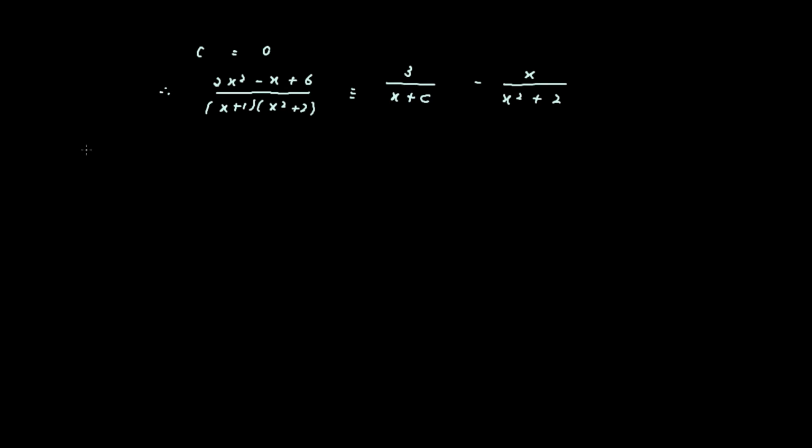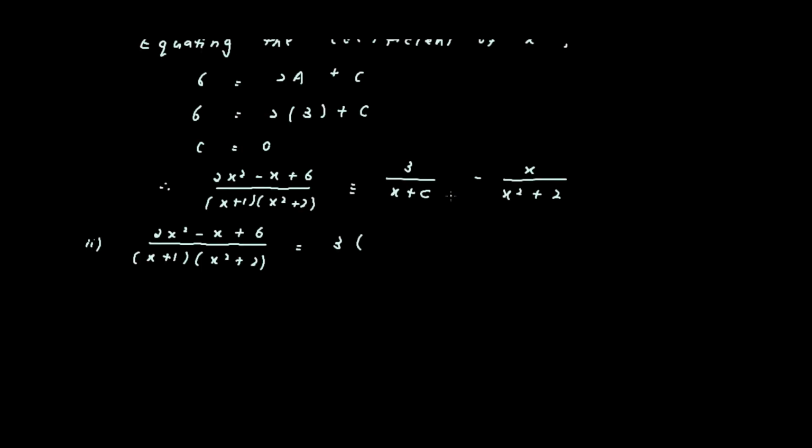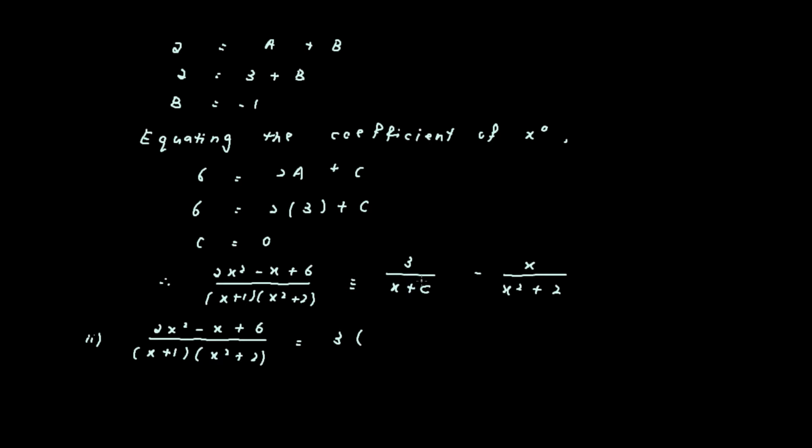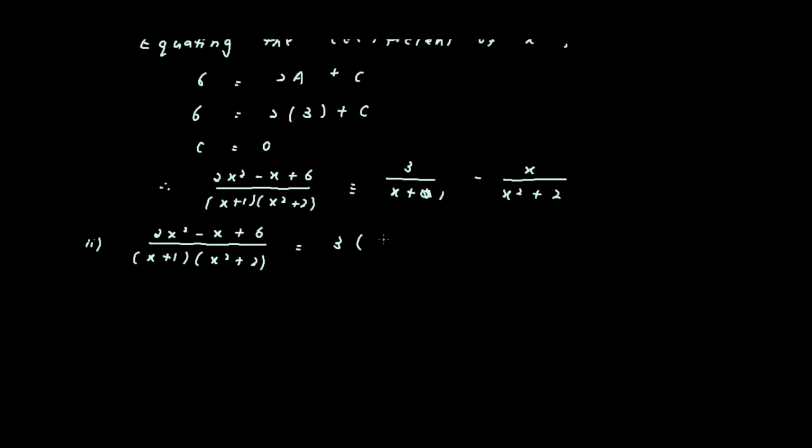So the same thing, what I will try to do is write the whole thing in index form first: 3(x plus 1) to the power -1 minus x(x squared plus 2) to the power -1.